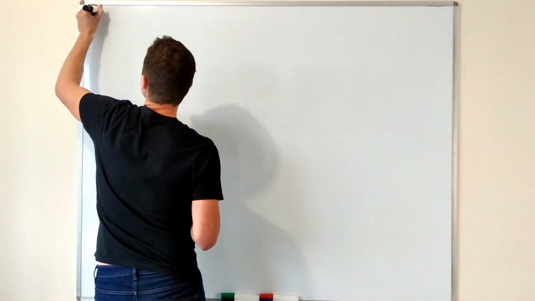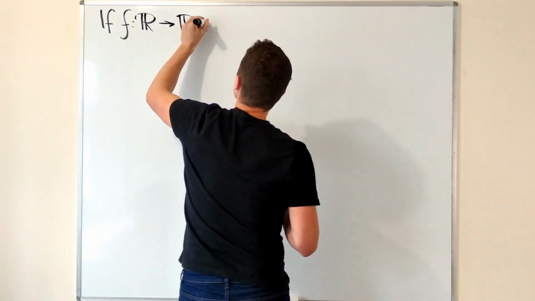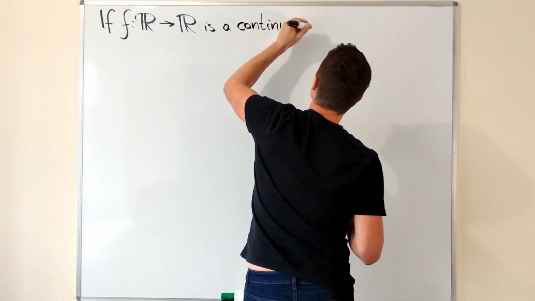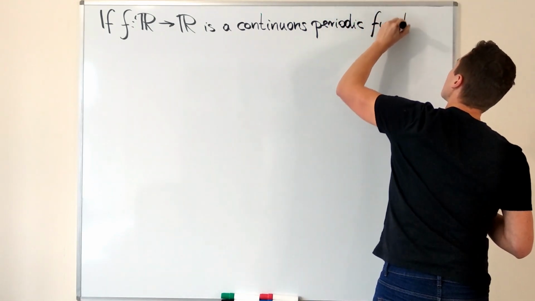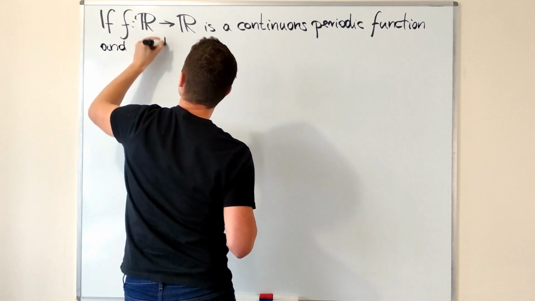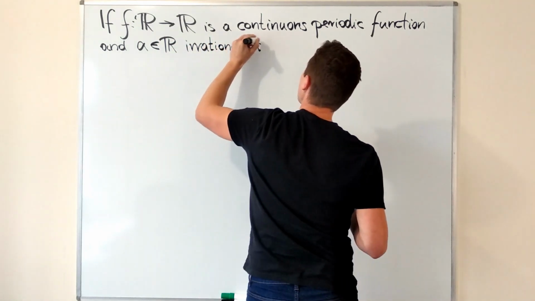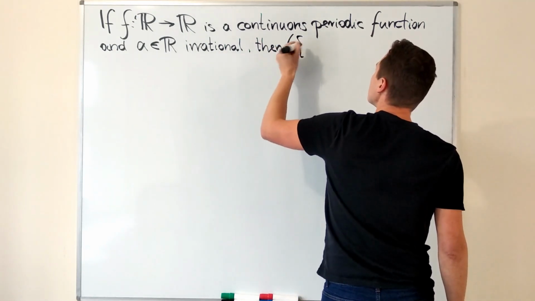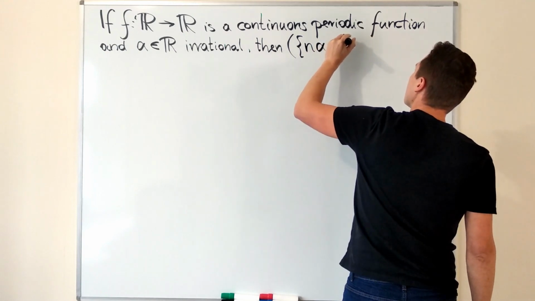It says that if f is a real function which is continuous and periodic, and alpha is an irrational number, then the following sequence of real numbers, which consists of the fractional part of the number n times alpha plus f of n times alpha.